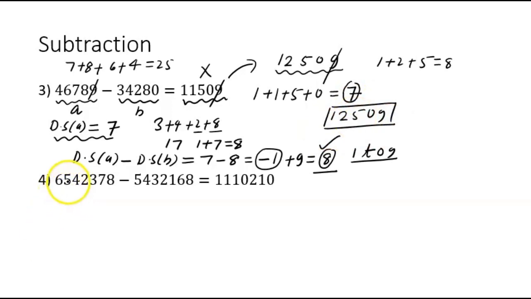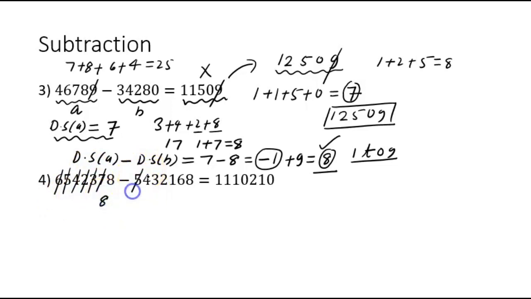Now let us check whether this is correct or not. So 6 and 3 cancel, because adding up to 9, 5 and 4 adding up to 9 cancel, 2 and 7 adding up to 9 cancel. So the digit sum is 8.